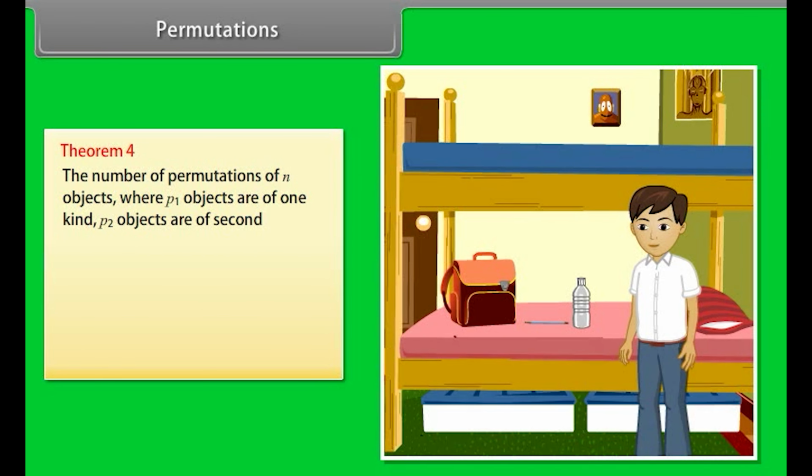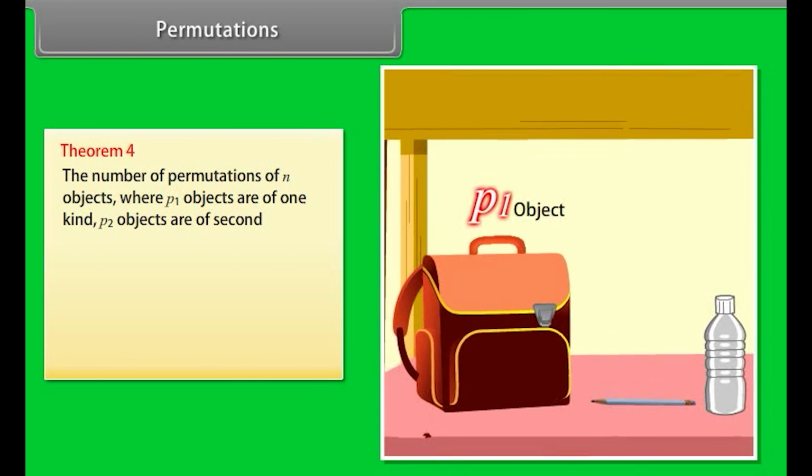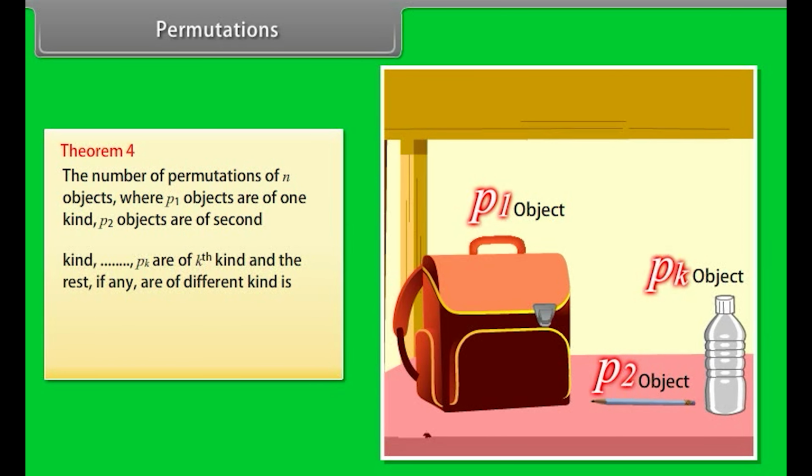The number of permutations of n objects where p1 objects are of one kind, p2 objects are of second kind, pk are of kth kind, and the rest, if any, are of different kind, is n factorial divided by p1 factorial into p2 factorial up to pk factorial.